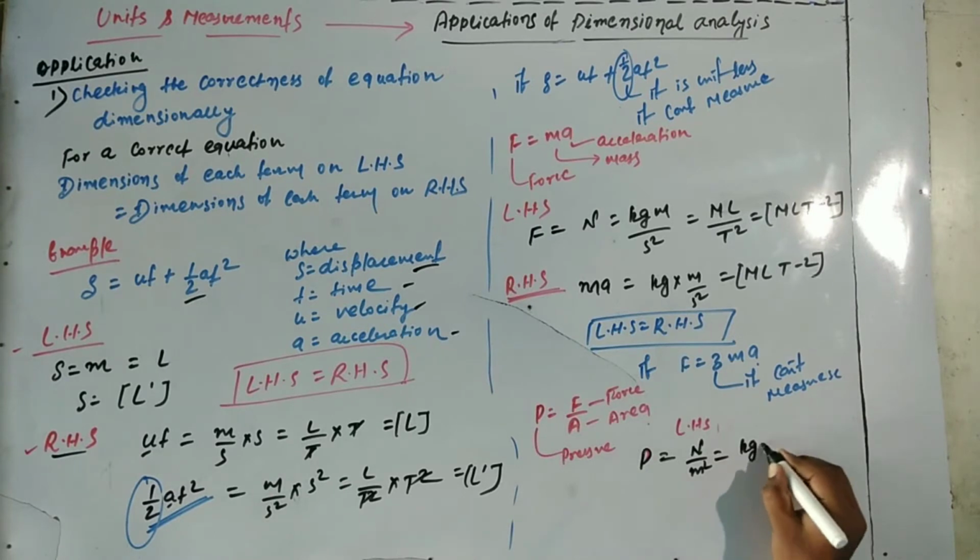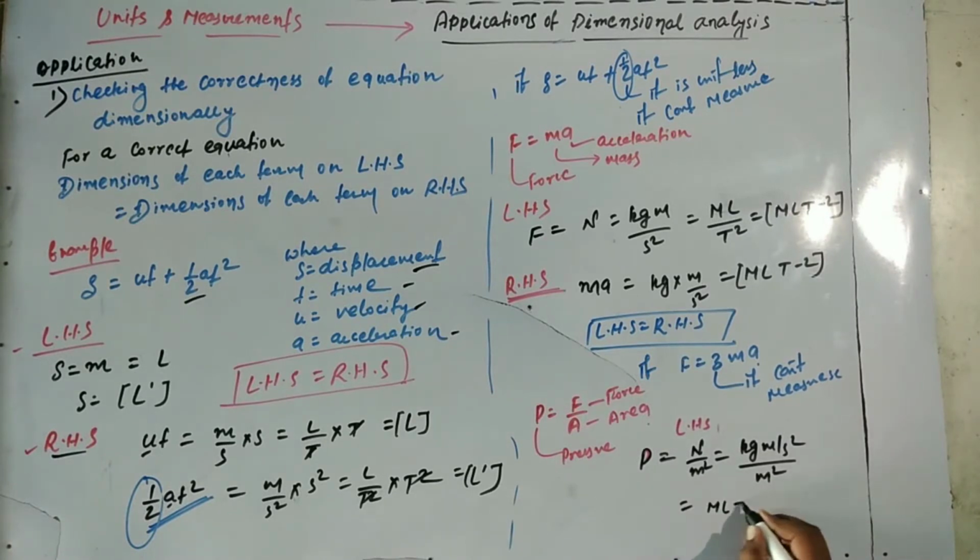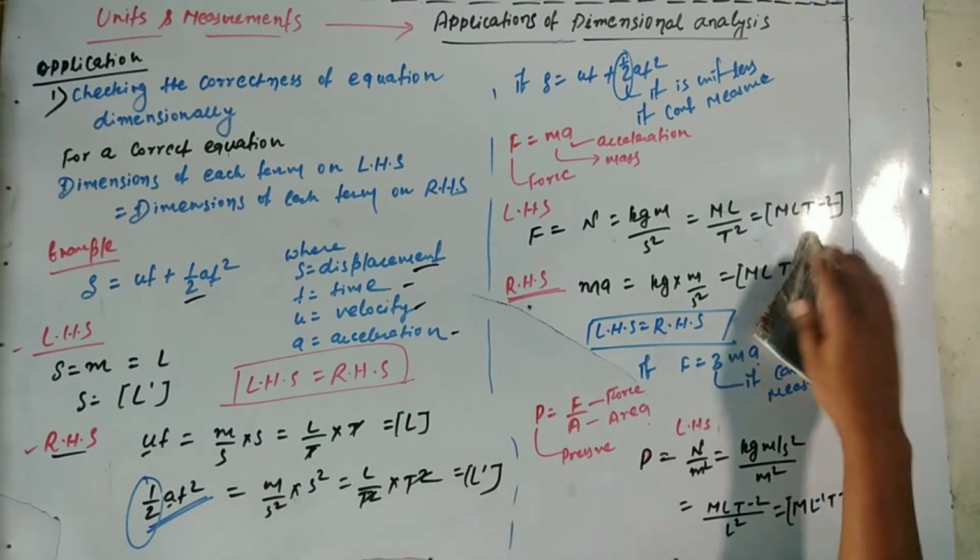So its dimensional formula is kg meter per second square by meter square, equals M L T power minus 2 by L power 2, equals M L power minus 1 T power minus 2. The dimensional formula of pressure is M L power minus 1 T power minus 2. This is the LHS.